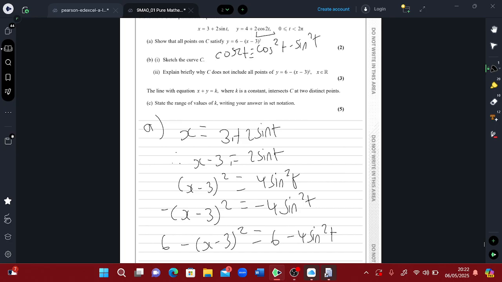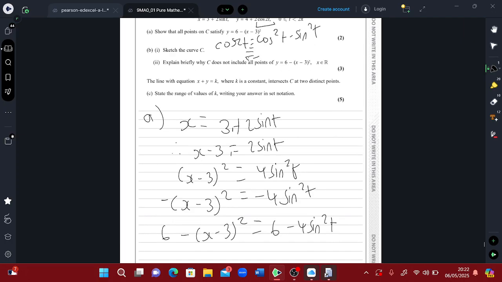And you can convert this using the identity cos squared plus sine squared is 1. So cos squared is going to be 1 minus sine squared. So that's 1 minus sine squared minus another sine squared. You get 1 minus 2 sine squared t.